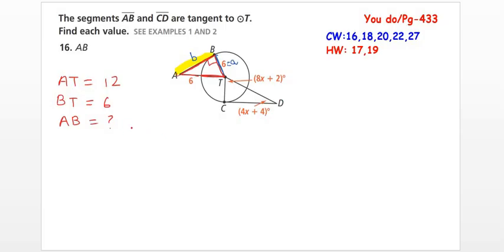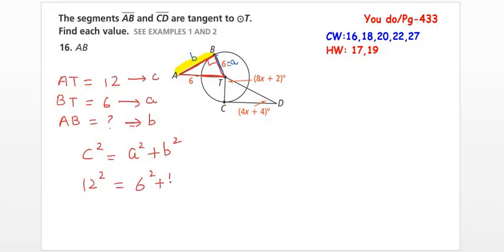Now AB is one of the legs, so I represent it with the letter small b, and I represent this with the letter small a, and the hypotenuse I represent with the letter c. So it is going to be c squared equals a squared plus b squared, right? So c is 12, so it's going to be 12 squared equals 6 squared plus b squared.